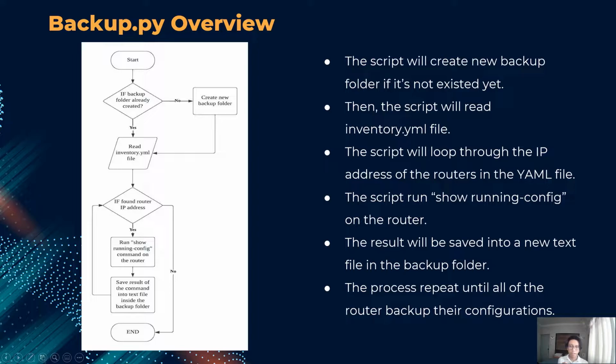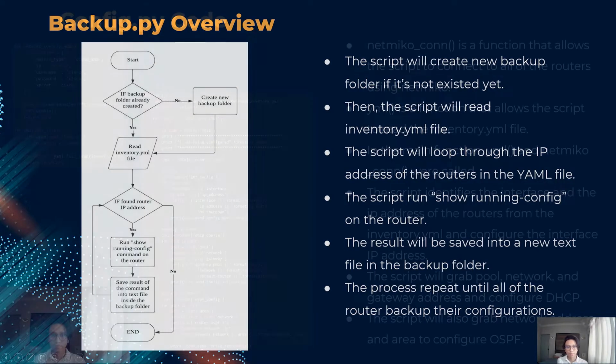After that, the script will run the show running config command on the routers automatically. Then the output of the command will be saved into a new text file for the router in the backup folder that was already created by the script just before. This process will repeat itself until all of the routers finish their backup process.